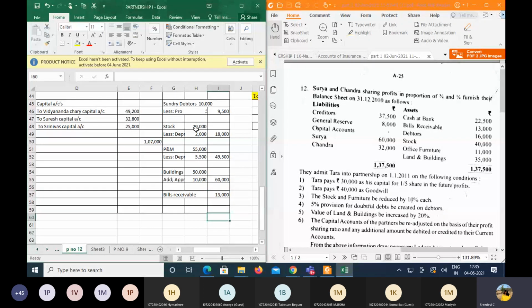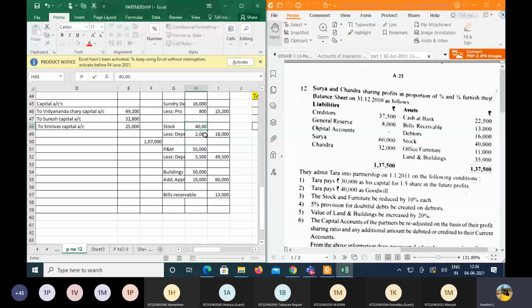Now debtors is 16,000. From the 16,000 we have 800 to be deducted, so 15,200 is the balance of the debtors here. Then stock here is 40,000.